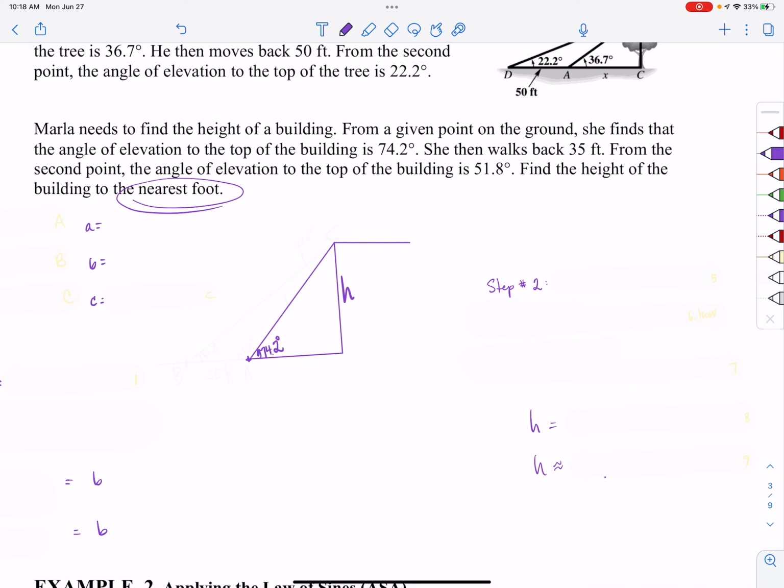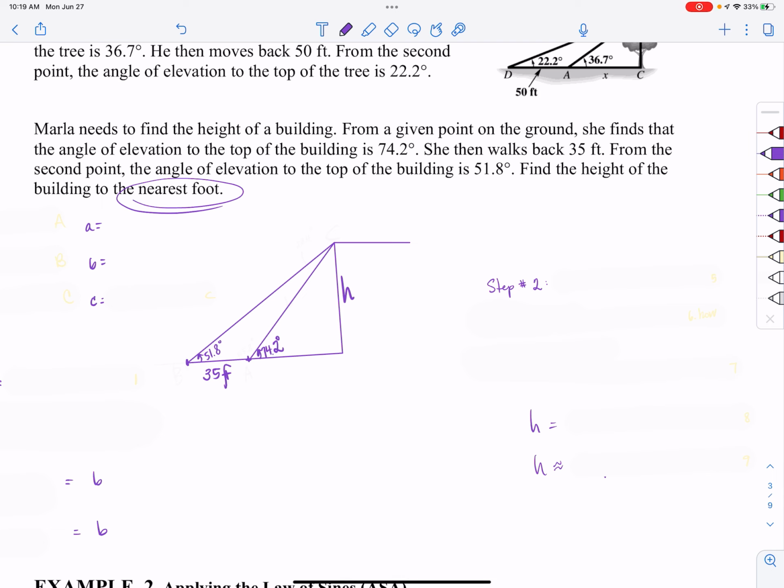So she's going to continue walking. She goes another 35 feet from her first point to her second point. Okay, and she finds that from this second point, the angle of elevation to the top of the building, so let's go ahead and draw our angle, is going to be 51.8 degrees. So that's this guy right here is 51.8 degrees.